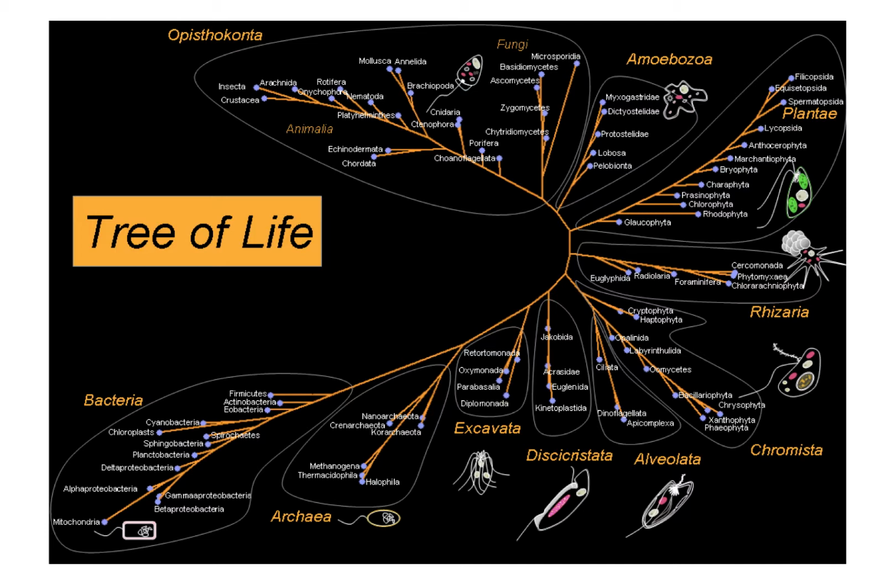Here we have a branching pattern that is more or less correct in terms of timing. So the root would be somewhere right here, and then you start getting bacteria 3.8 to 3.5 billion years ago, archaea about 3 billion years ago, and then about 2.5 billion years ago, somewhere in here, you have one branch of archaea joining with one or two species of bacteria to form the eukaryotes.